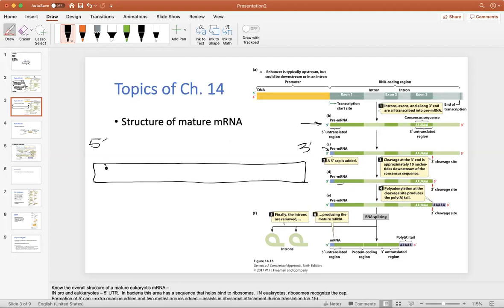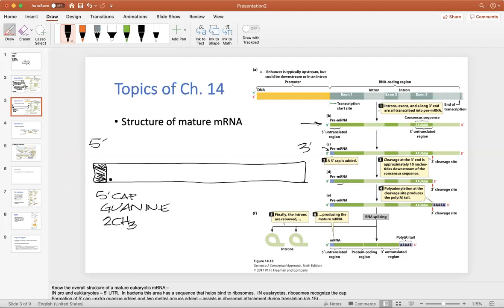At the 5' end of this molecule, we are going to add what is called a 5' cap, okay? And that cap is basically, what happens is a guanine is added along with 2 methyl groups, and this is the chemical abbreviation for a methyl group, okay?